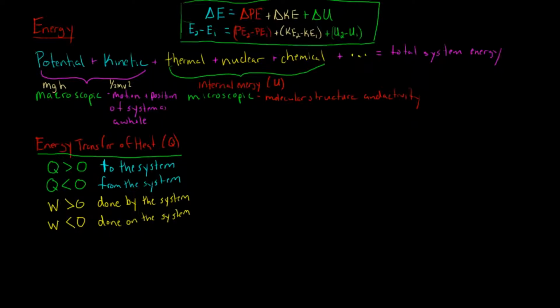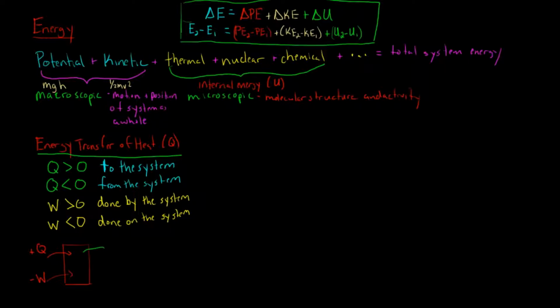Now, if you learn this better visualizing it, if we draw a system and we have heat going in and we have work going in, if our heat's going in, then our heat is going to be positive, and if our work's going in, then our work is going to be negative.